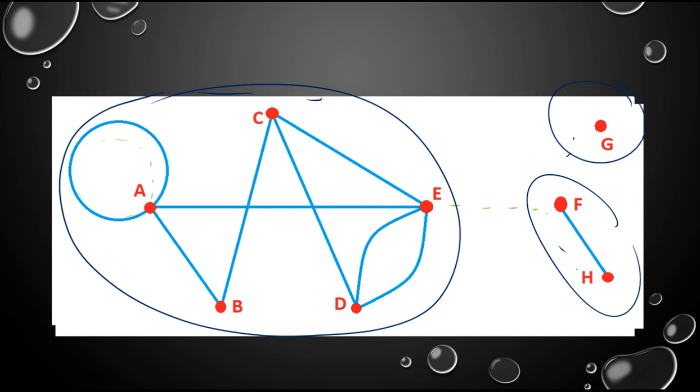It's all by itself. There's no edges attached to it. There's no other vertices. So it's kind of a special one. We won't look too much into it, but it just has a special name. But we've got 3 components here.